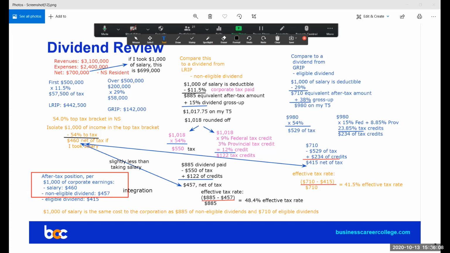Yeah, sorry, Esther, where do I not have corporate tax? Yeah, because salary is all deductible to the corporation. Esther, if my business owner here paid themselves a $700,000 salary, look at the top left of the page for a second with me here. Could this person pay themselves a $700,000 salary? Is that possible?